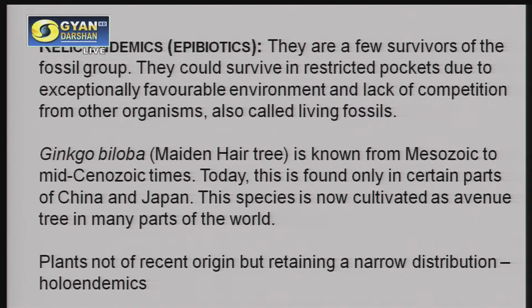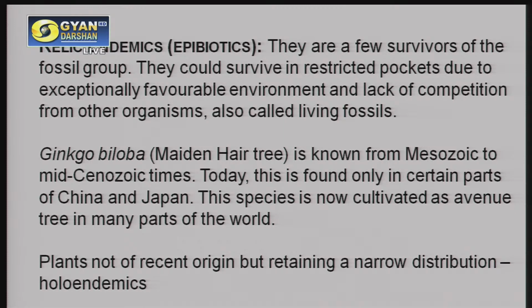So this is known as the relic endemic or epibiotic. That means they are the survivors of the fossil group. They could survive only in restricted pockets due to exceptionally favorable environment and lack of competition from other organisms. Why does Ginkgo biloba exist only in certain parts of China and Japan, not all over the world? Because it finds that particular climate or region favorable for its growth, and that is why it exists in abundance.